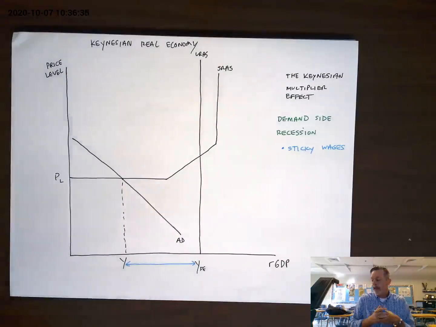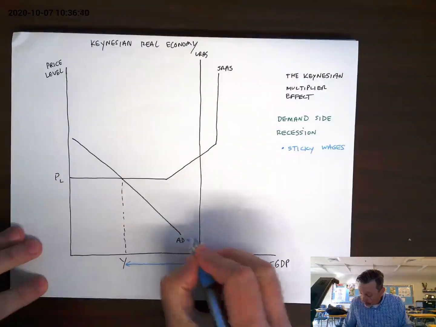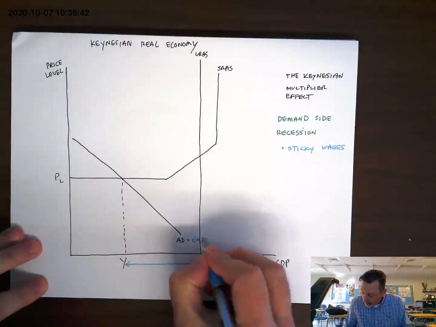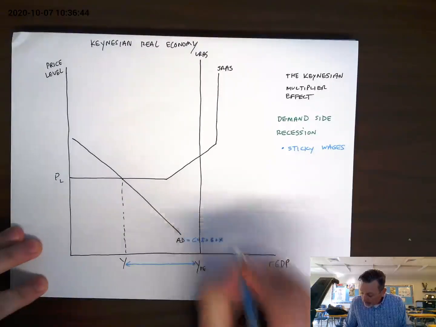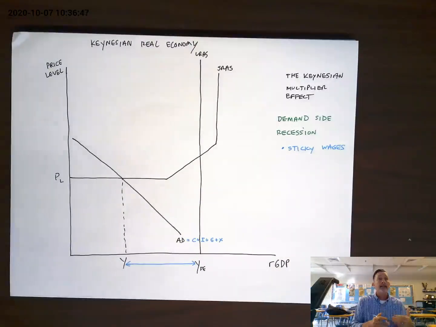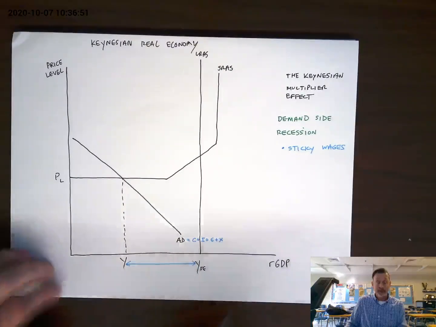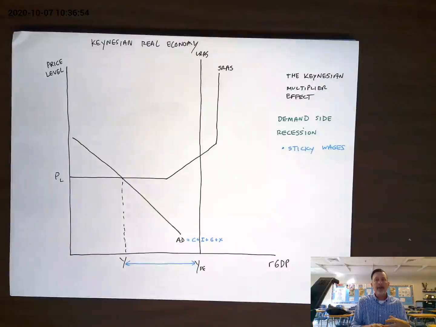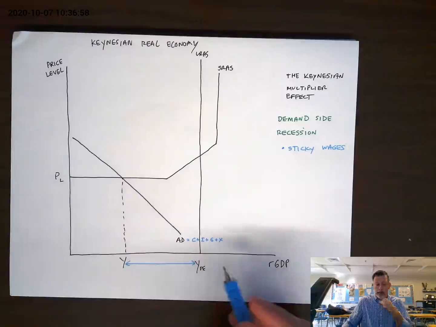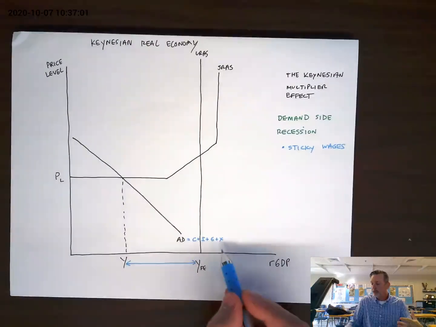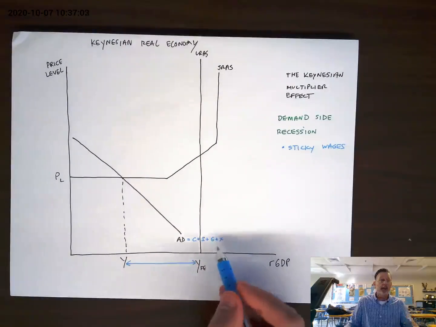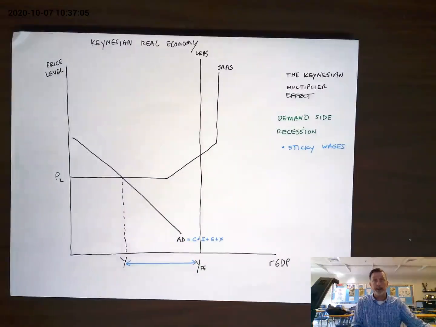Remember, aggregate demand is simply C plus I plus G plus X. If you can't get C or I or X to increase because consumers and businesses are no longer willing and able to spend money, and you can't bump up your export levels, then you're going to want the government to step in and spend the money.